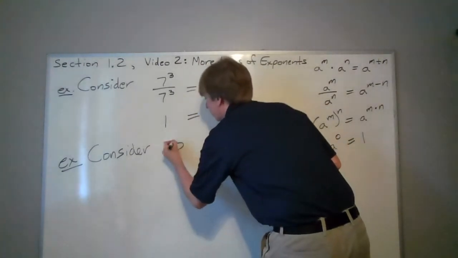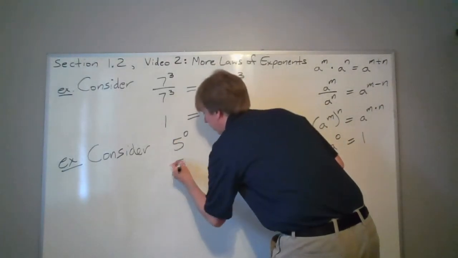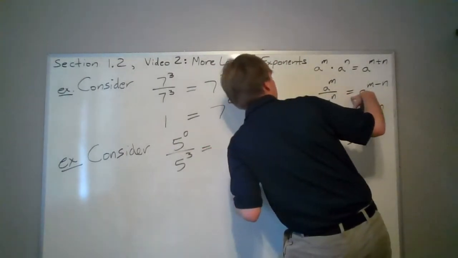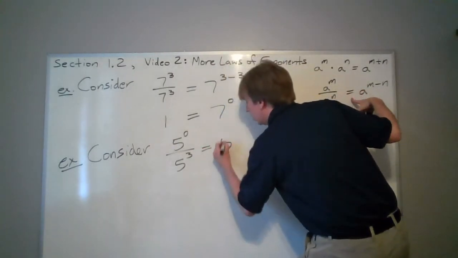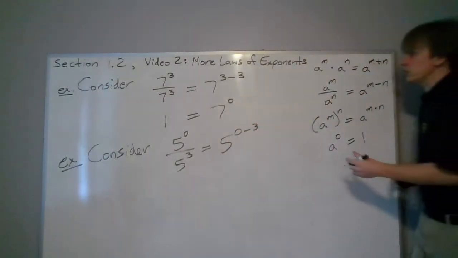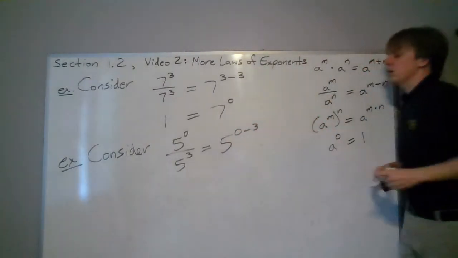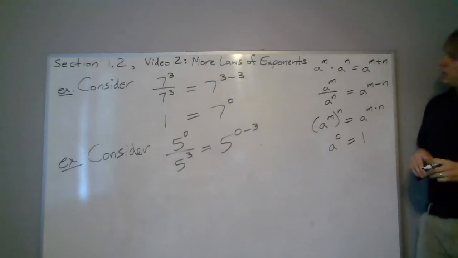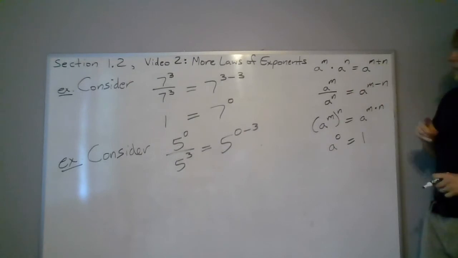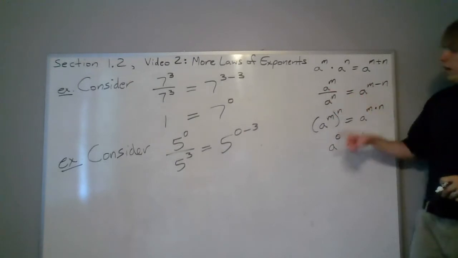I'll use 5 to the power 0 divided by 5 to the power 3 equals, according to this rule, the quotient rule, 5 to the power 0 minus 3. Okay, so let's double check that I copied this down correctly. My m is equal to 0, my n is equal to 3, and my a is equal to 5.